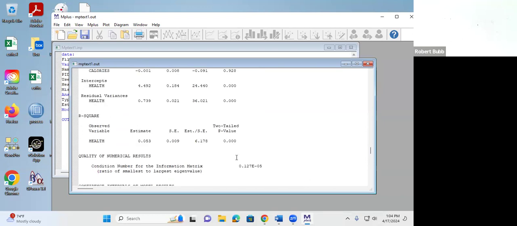Help me out with R squared. Yeah, 5.3% of the variation in health can be accounted for by activity level, weight, and calories.